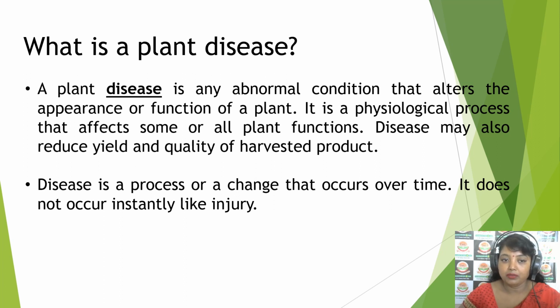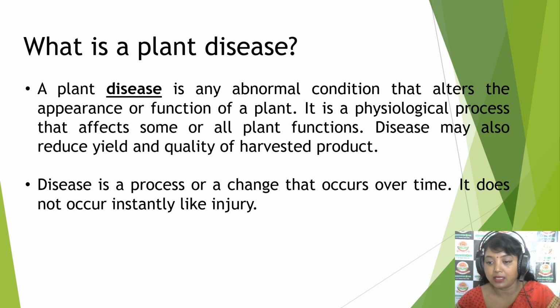So what do we mean by disease? The definition: a disease is any abnormal condition that alters the appearance or function of a plant, and it is a physiological process that affects some or all of the plant functions. Disease may also reduce yield and the quality of the harvested products. Disease is a process or a change that occurs over time.